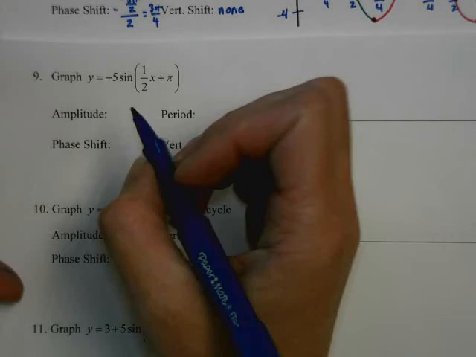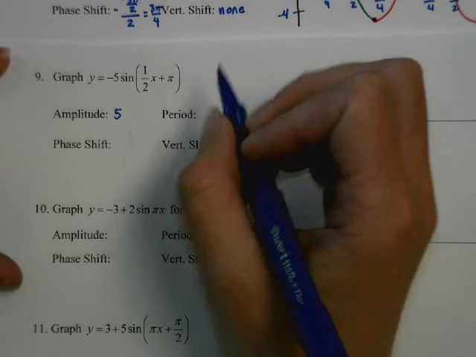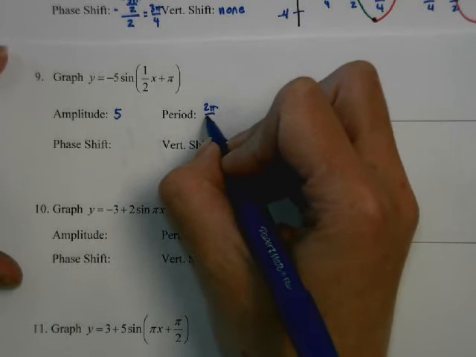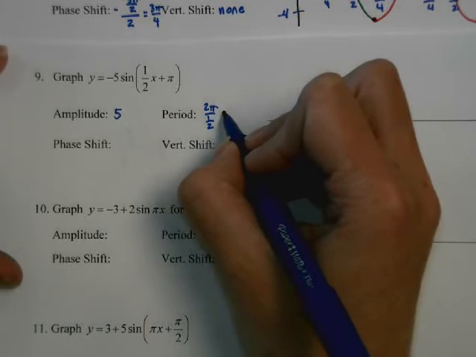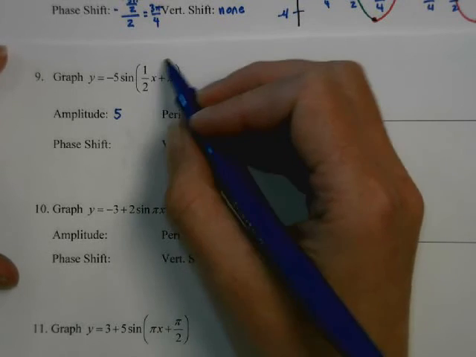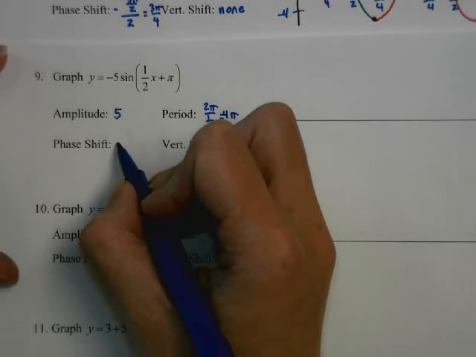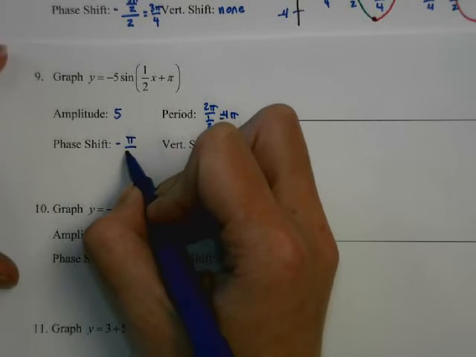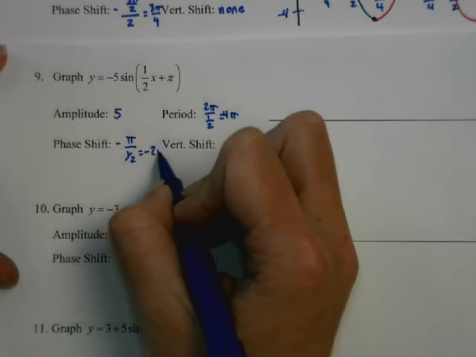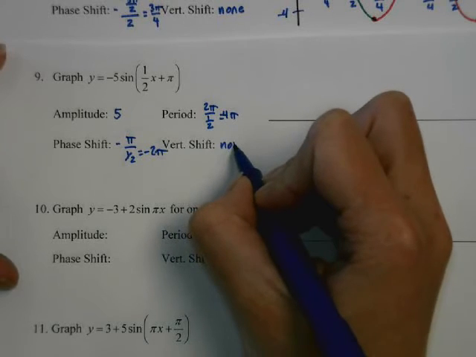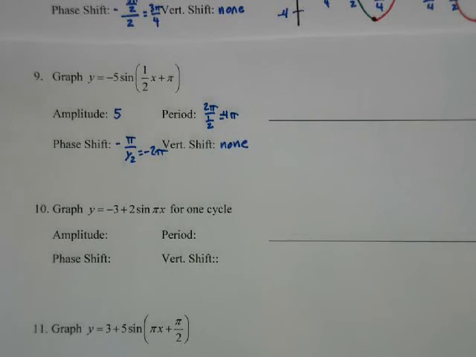Okay, sorry about that. I realized I had changed this problem. So amplitude is 5, period is 2 pi over 1/2, so the phase shift is going to be negative pi over 1/2, which is going to be negative 2 pi. Still haven't gotten to a vertical shift, but we'll do a couple of those soon.